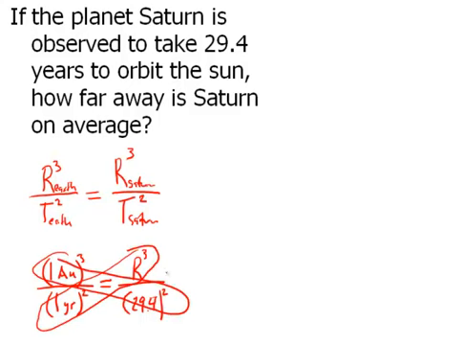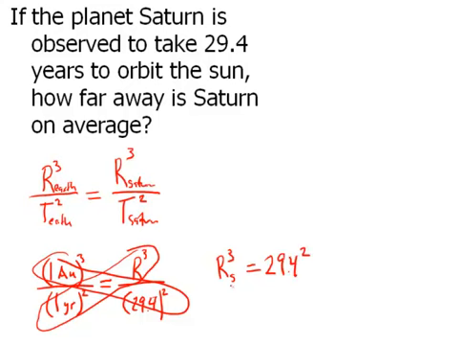On the one side, we've got 1 times r cubed, or simply r cubed for Saturn, is equal to 1 cubed, which is 1 times 1 times 1 is 1, times 29.4 squared.